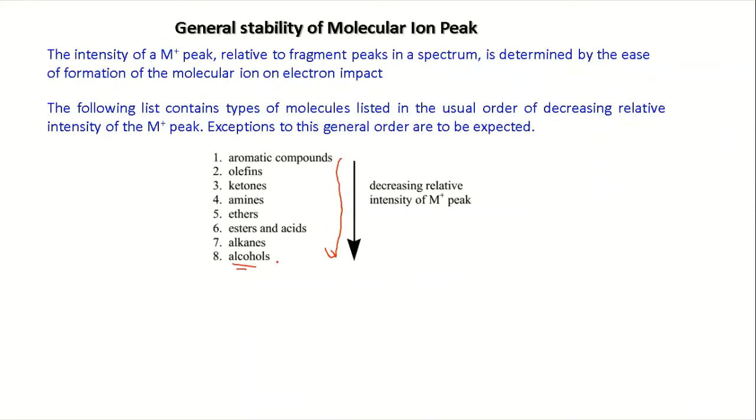So if the alcohol is easily releasing the water molecule, the molecular ion cannot be stabilized, so it will be less stable. Whereas benzene has nothing to lose. It's aromatic, so it's a highly stable molecular ion because its fragment ions are very, very unstable. Got it? So in general, we'll find a trend like this.